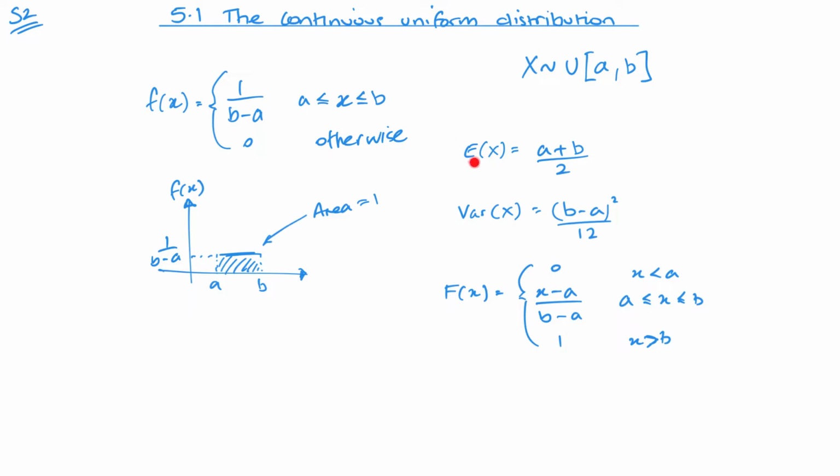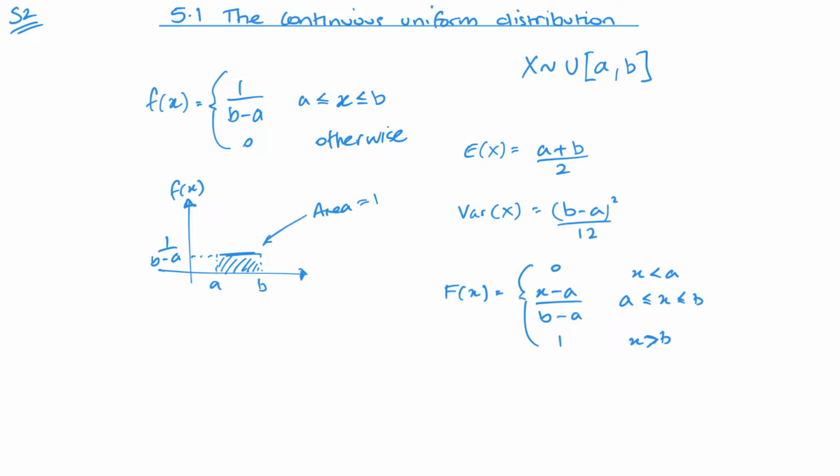So finding E of x and the variance of x, you can do it the way that we did in the previous unit, but spotting that it's uniform makes your life so much easier and quicker, and at the end of the day in your exam, time is one of your biggest enemies. So anything you can do to speed that up is obviously a welcome bonus.